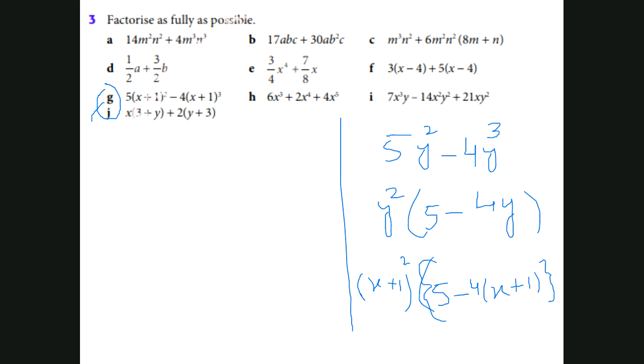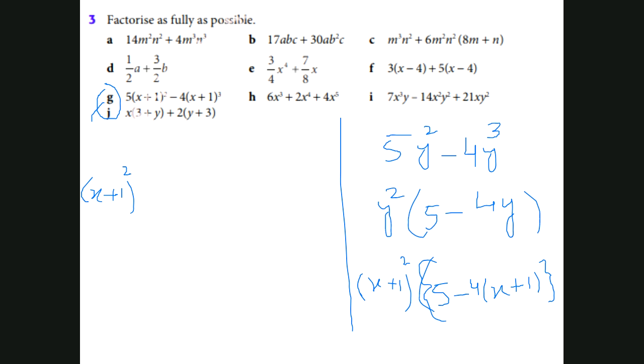But come back to the g part, if directly you are that much expert, you can solve it. 5 and 4 I cannot take as a common, but x plus 1 whole square and x plus 1 whole cube, so it means x plus 1 whole square as a common.